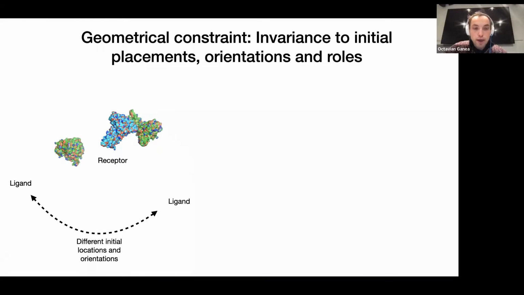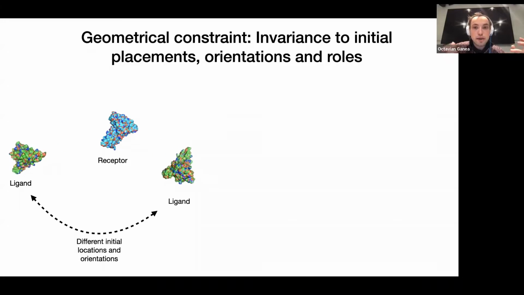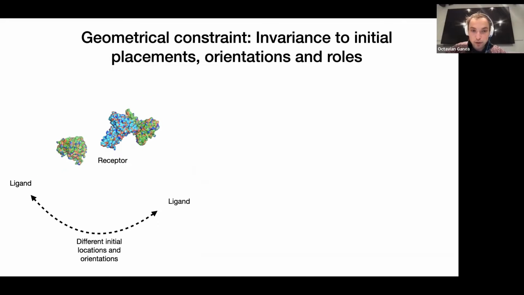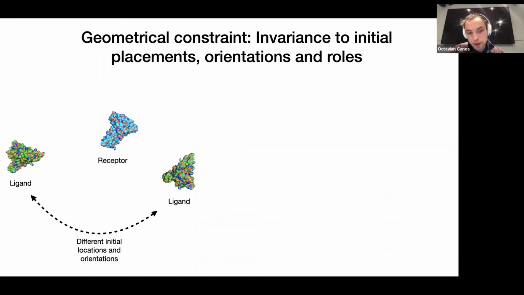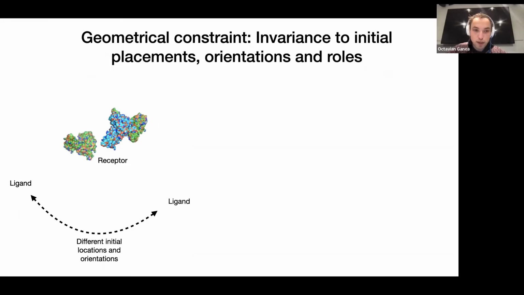So a key aspect is one geometrical constraint, which is this invariance to initial placements, orientations, and roles of the two proteins. So if we have, let's say, the ligand initialized in 3D, like placed randomly in different locations, maybe rotated differently, we want to make sure that the final protein complex is predicted always identical, no matter where the ligand is placed in space, even if it's placed like to overlap with the receptor, or if it's placed like 100 angstrom apart.